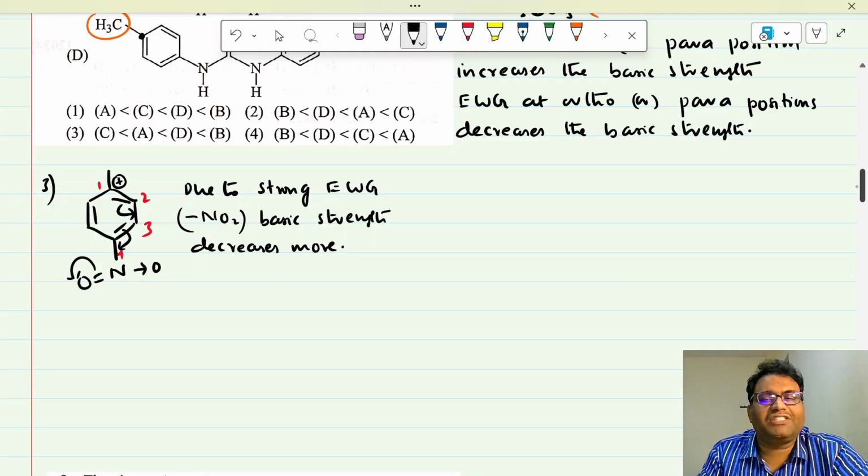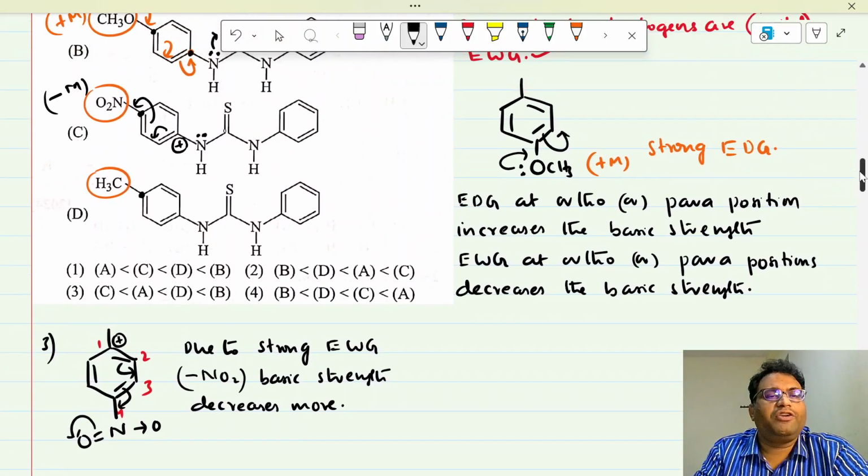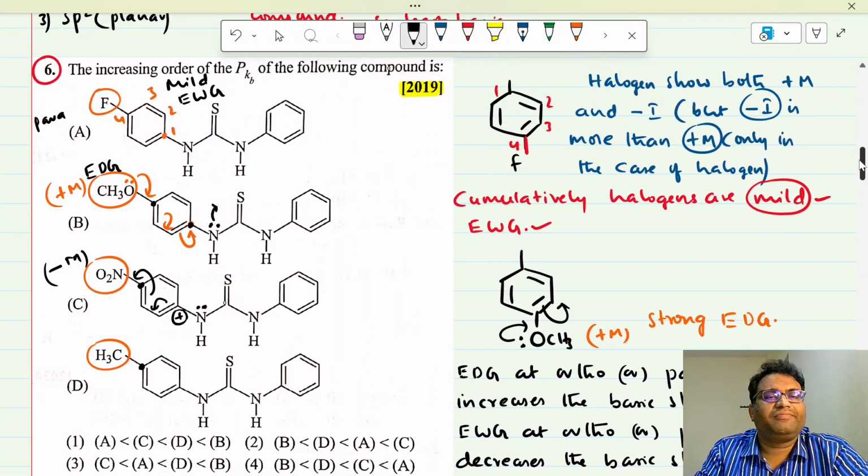It will have the least basic strength because nitro shows a minus M effect. We can say that nitro is a strong electron withdrawing group, whereas fluorine is a mild electron withdrawing group.